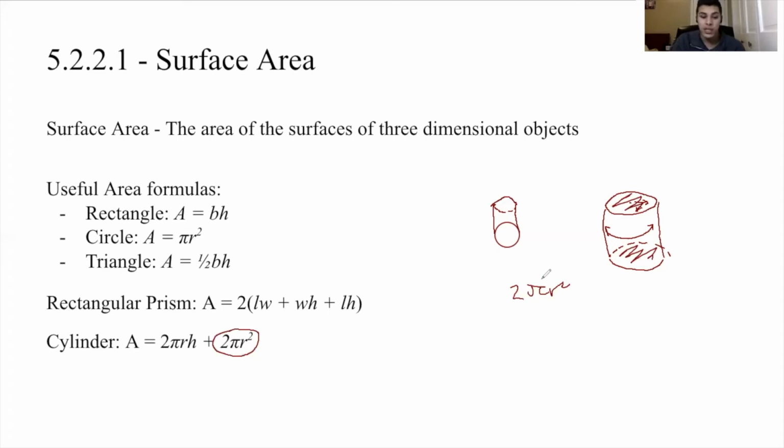Now, as for the 2 pi r h, that's slightly different. That's in order to find the area of this circular, I'm going to say wall around the cylinder. And the reason that it's 2 pi r h is because, if you think about it, this is a little bit complicated. Say you took the cylinder apart, say you had a can, right?